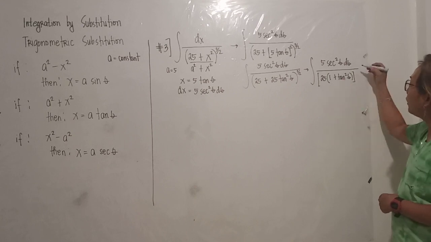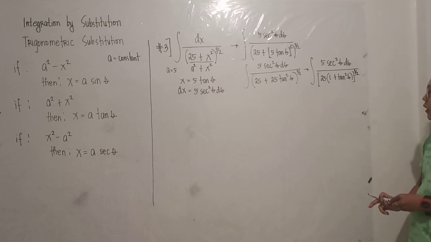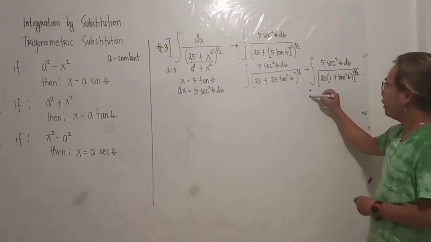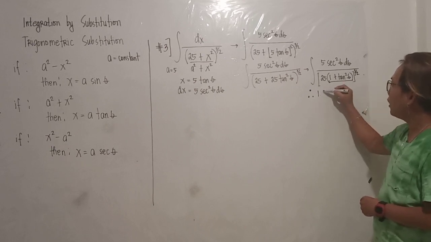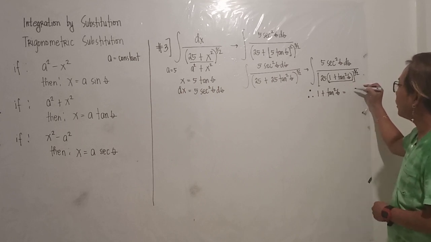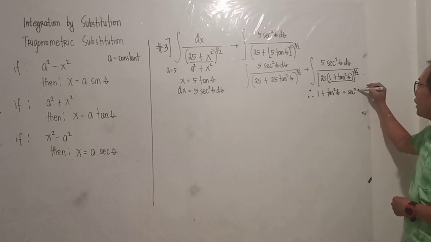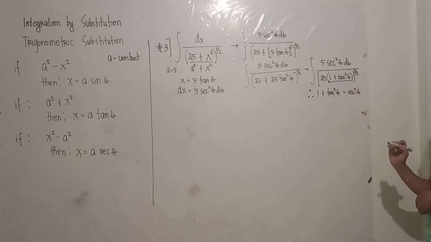Then this whole denominator is raised to 3 halves. Now note that this part, if you have 1 plus tangent squared theta, that is equivalent to secant squared theta. So pwede natin palitan to ng secant squared theta.